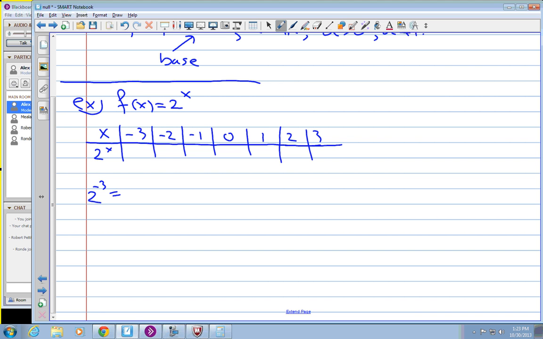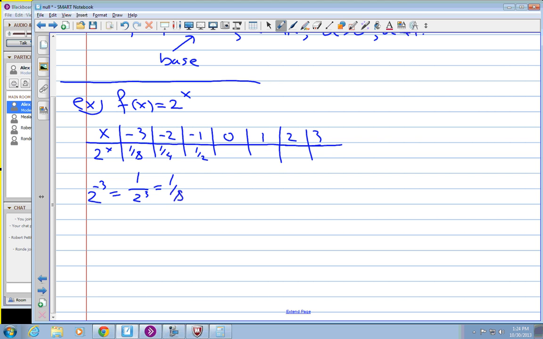Yeah, it's a reciprocal. It's 1 over 2 cubed. So it's 1 over 8. So 2 to the negative third is 1 over 8, to the negative second is 1 over 4, to the negative first is 1/2. So negative exponents are reciprocals.